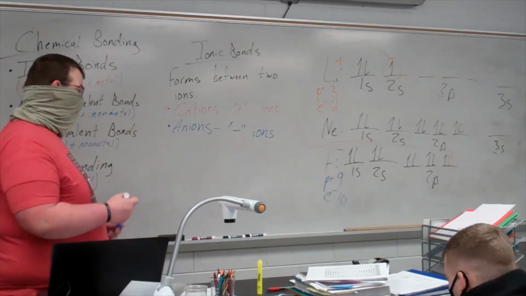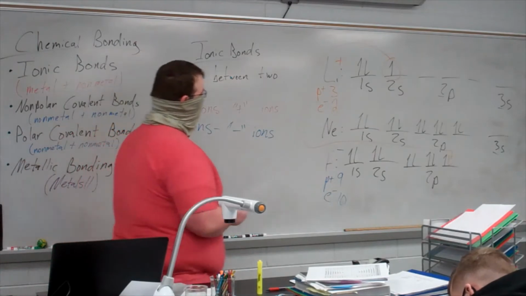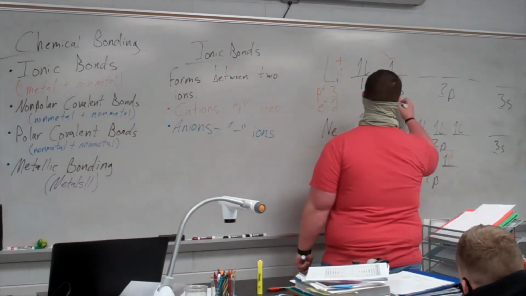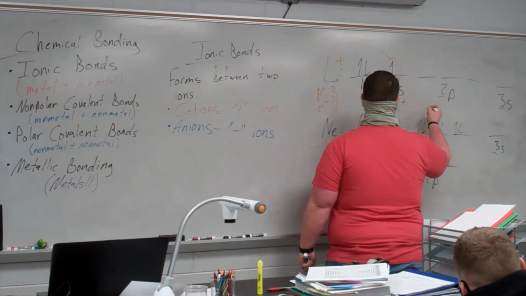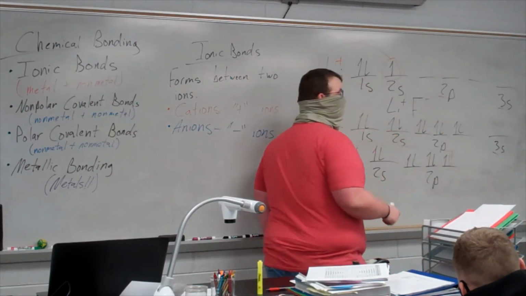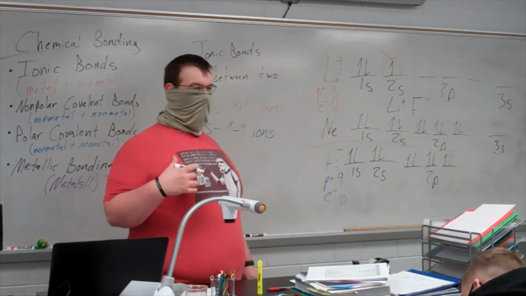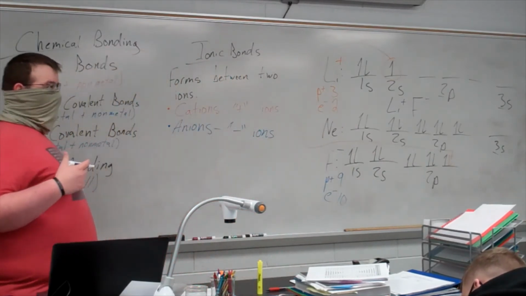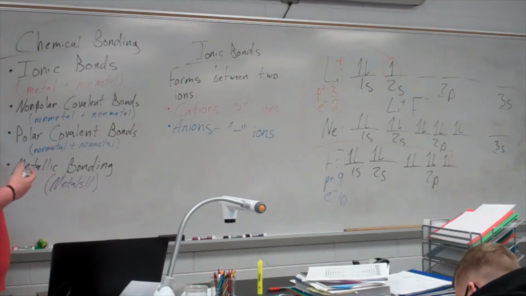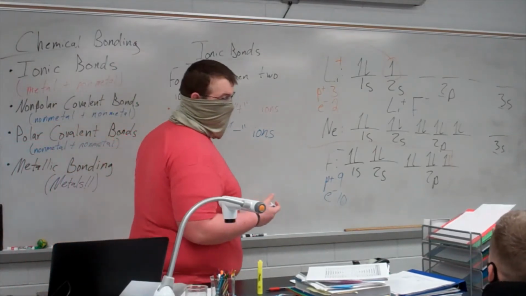And this is what will happen whenever this takes place. Lithium now has a positive charge. Fluorine has a negative charge. And they now join together in holy matrimony, bonded forever through the electrostatic interaction between a positive and a negative charge.